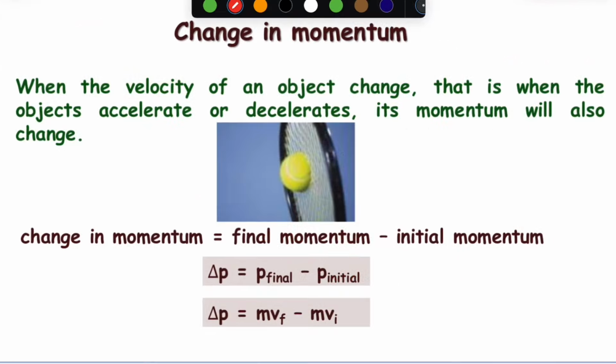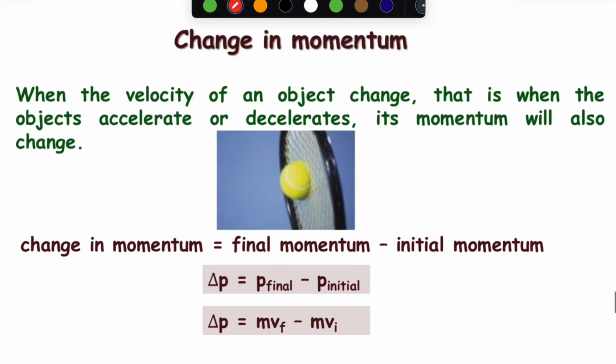Change in momentum. When an object changes its velocity, it's accelerating or decelerating, and its momentum will also change. So there's a change in momentum once there's a change in velocity. Changing velocity can mean speeding up or slowing down. Let's take an example. When you throw a ball towards the wall, you throw it with a velocity.